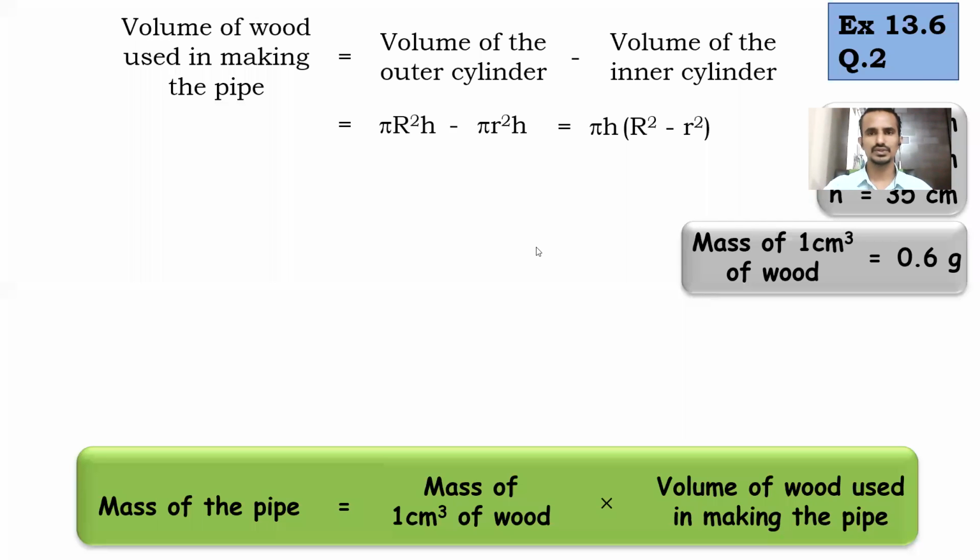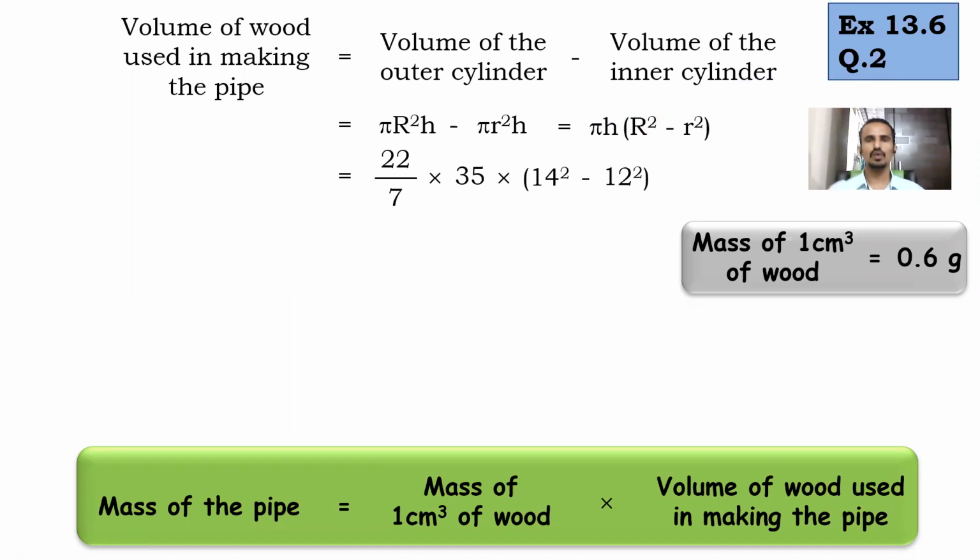All right, so we substitute the values. It will be 22/7 multiplied by 35 into 14 square minus 12 square.